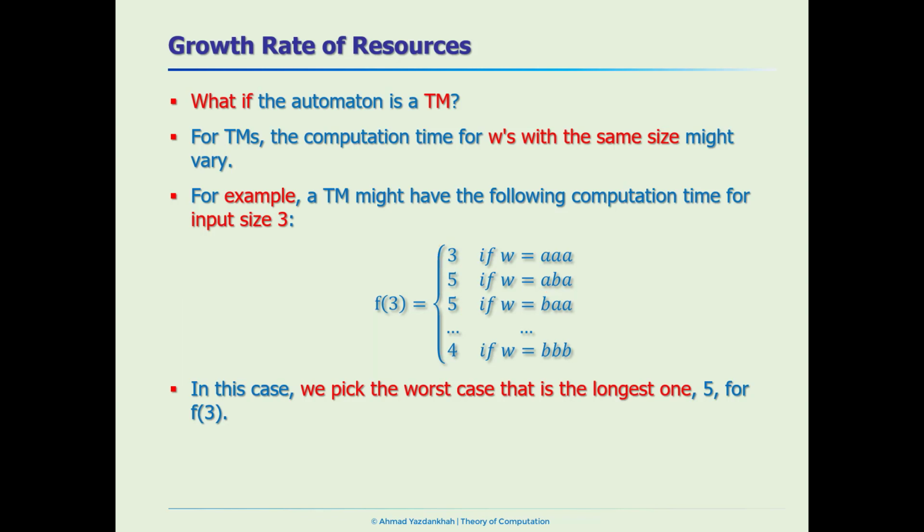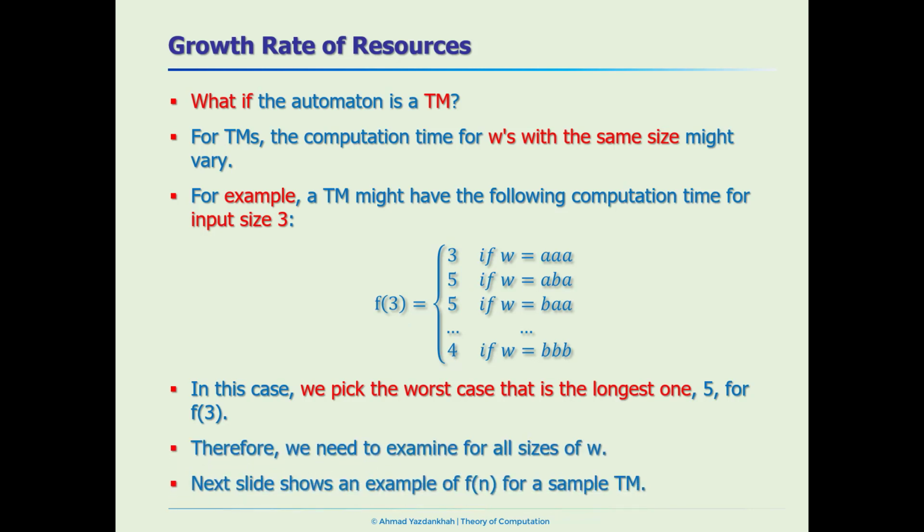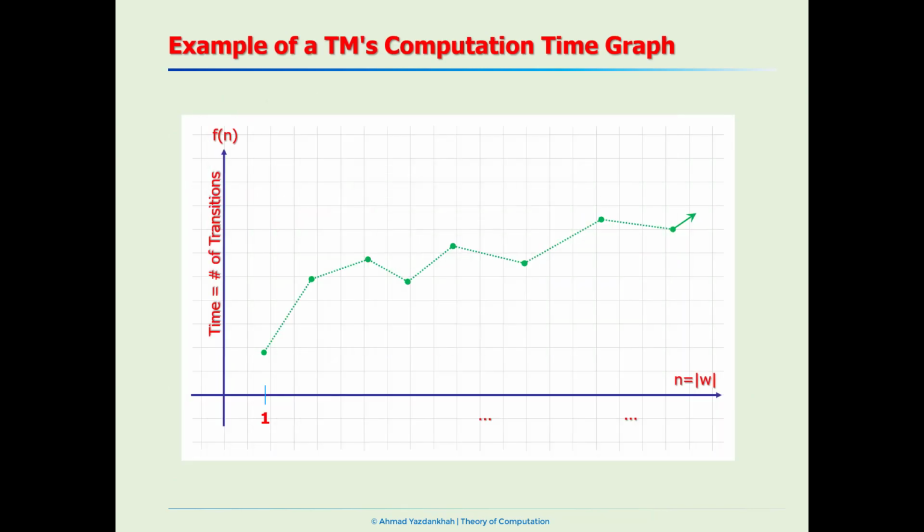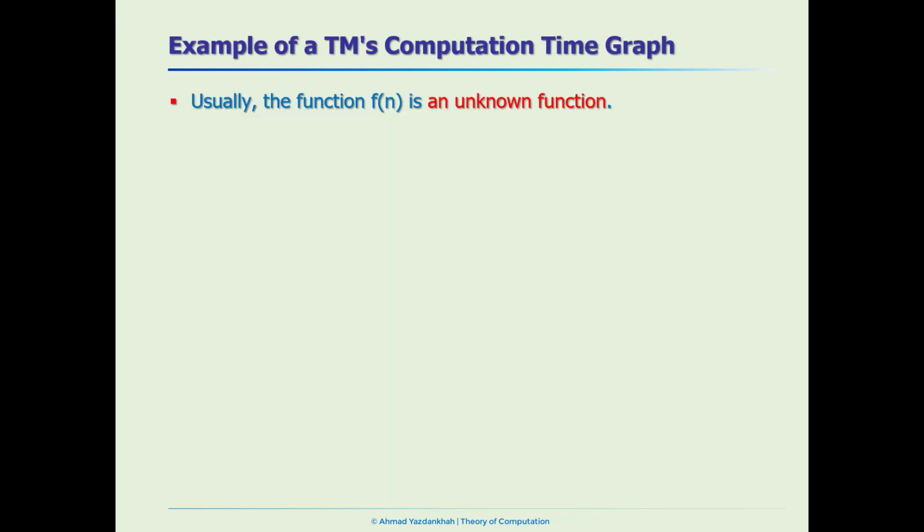And if we do this for different input sizes, we might get a graph like this. Is this a good graph? What graph is this? It's an unknown graph. We don't know its behavior. So when we say it's unknown, what do we mean?